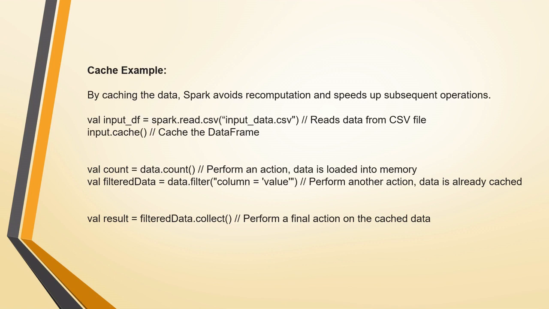Instead, Spark builds a lineage graph, the DAG, to track the transformations applied to the data. When an action is called, Spark evaluates the entire lineage graph and computes the results. In this process, Spark automatically caches the intermediate results that are reused in multiple operations to avoid redundant computations.